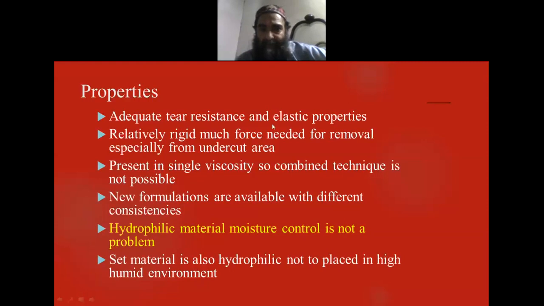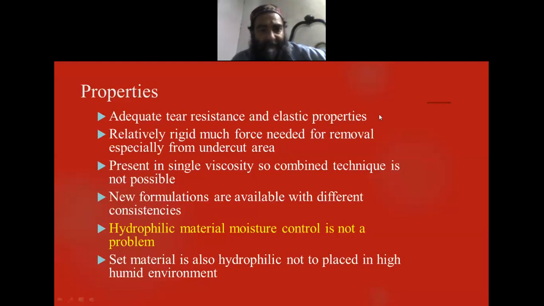Properties: adequate tear resistance and elastic properties are there like others. It is relatively rigid, much force needed for removal. It is the most rigid of all of the materials.